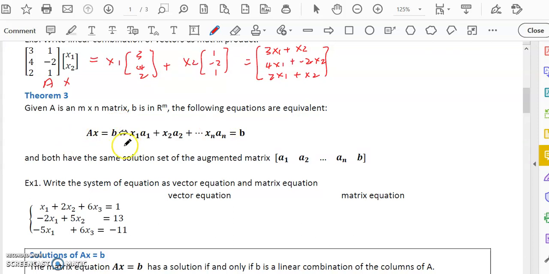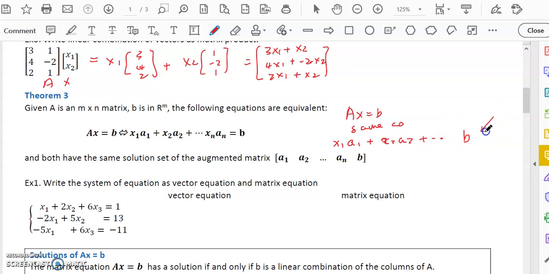So these two are equivalent. So the writing is equivalent. So if I see an equation Ax equal to b, it's the same as a linear combination of x1 times a1 plus x2 times a2 all the way equal to b.